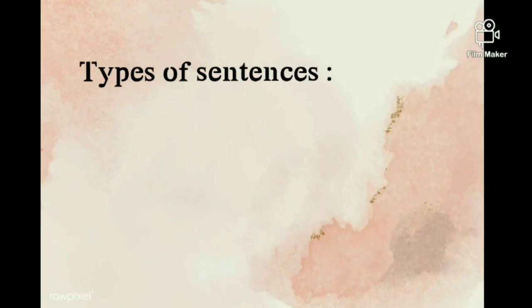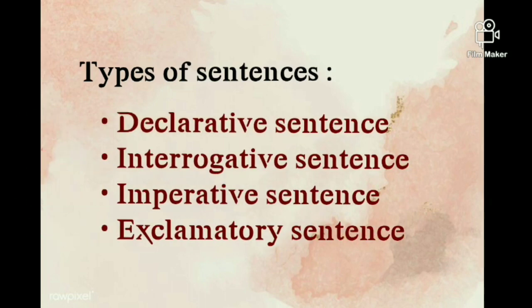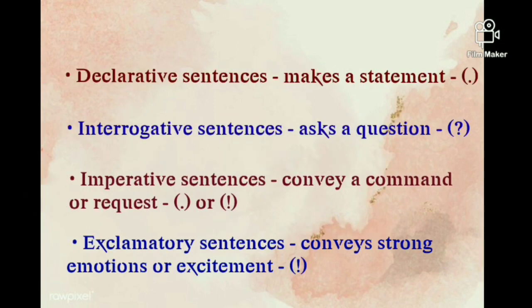Next, types of sentences. So what are the 4 different types of sentences? Can you tell them? Declarative sentence, interrogative sentence, imperative sentence, and exclamatory sentence. A declarative sentence makes a statement which ends with a period.